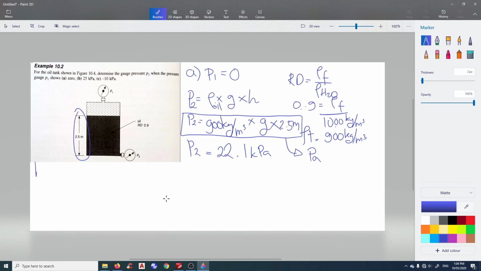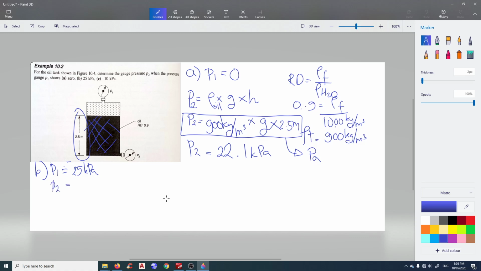Now question B, what if P1 is actually 25 kPa? So now if the gas on top of the oil is 25 kPa, then P2 here is the pressure of the fluid at 2.5 meter plus 25 kPa of the gas.